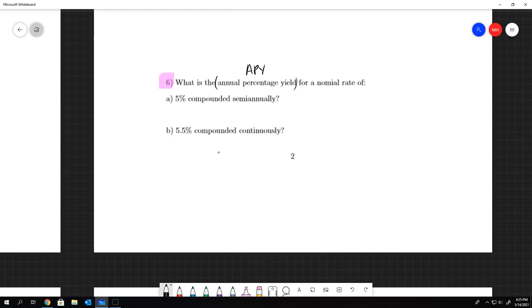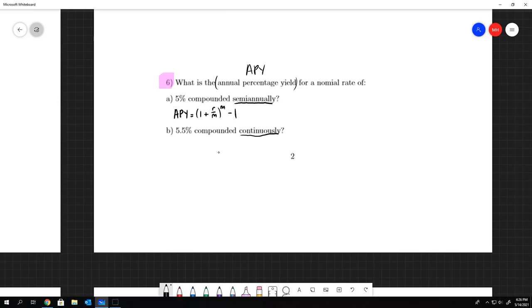So we have two formulas. So if I am semi-annually, that means I do have an M, so things are changing. And the formula for this one is APY equals 1 plus R over M raised to the M minus 1.